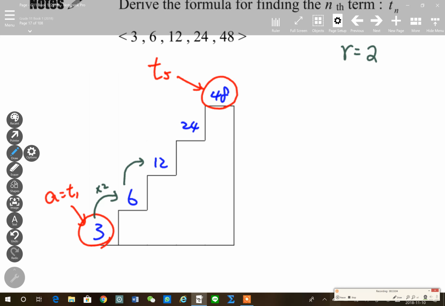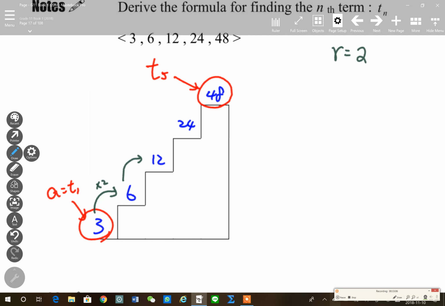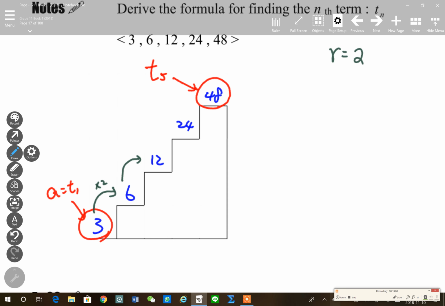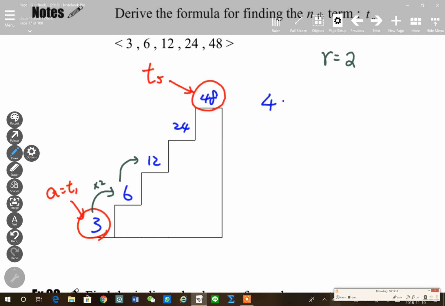Make sense? Okay, so I'm going to write that. 48 is the same as starting from 3, and every time you multiply by 2, how many times? 4 times, right?